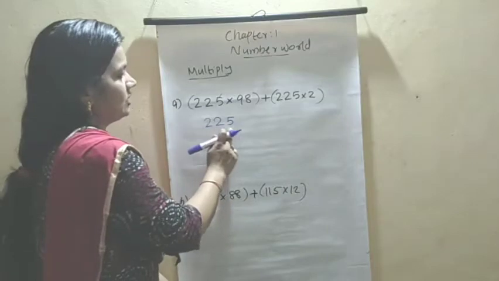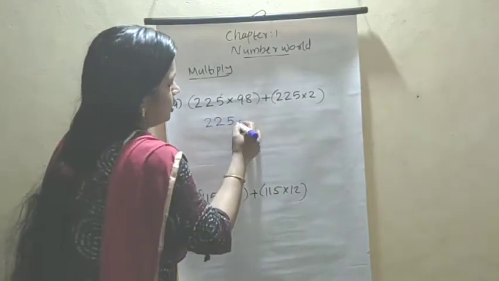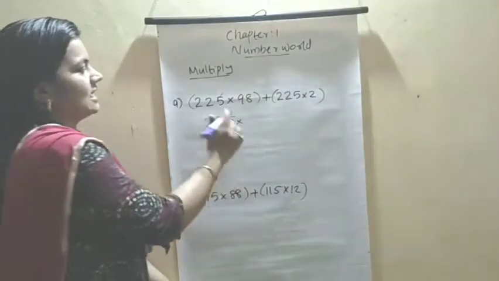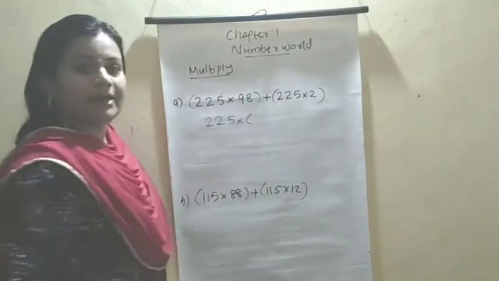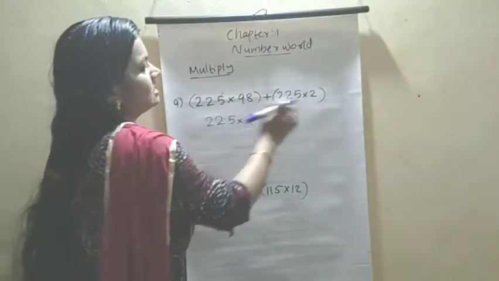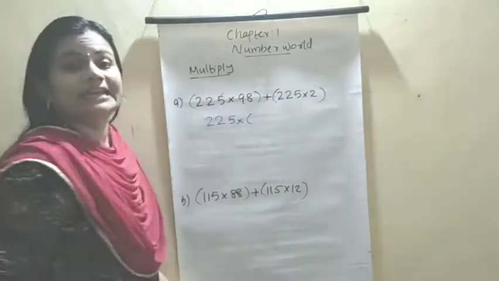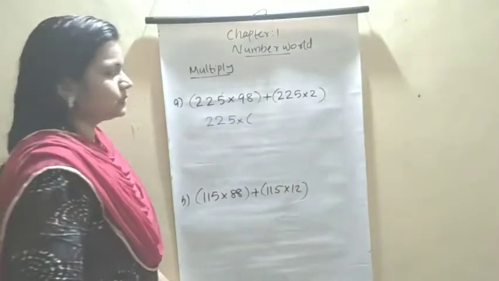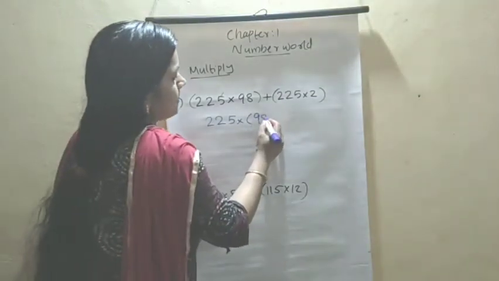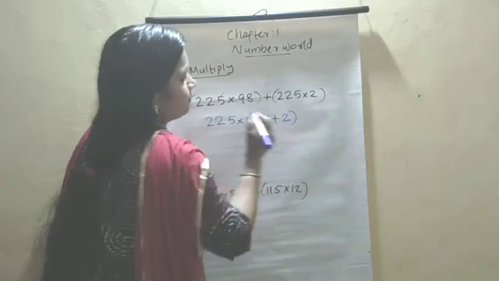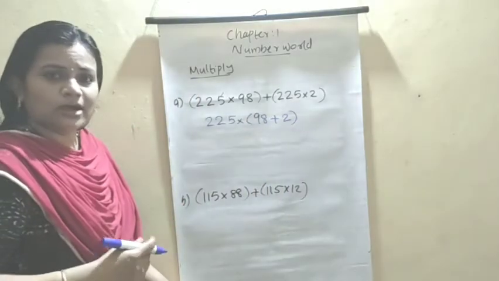So 225, then put the multiplication sign, then put a bracket. So we can write these two numbers with the addition sign. Understood? So 98 plus 2. Understood how to write this?